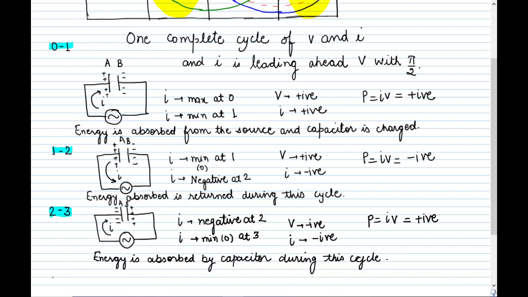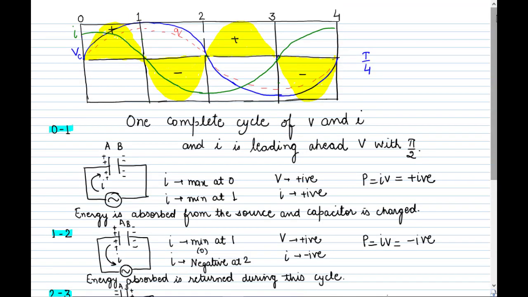Now come to the last one, that is 3 to 4. As you can see, from 3 to 4, the current has reversed its direction. At 3, the current is 0 and before that it is negative, and after 3 it is positive. So at point 3, the current has reversed its direction, and initially it is flowing from A to B and now it will flow from B to A. So that means the current will flow out of the capacitor and our capacitor is discharged.